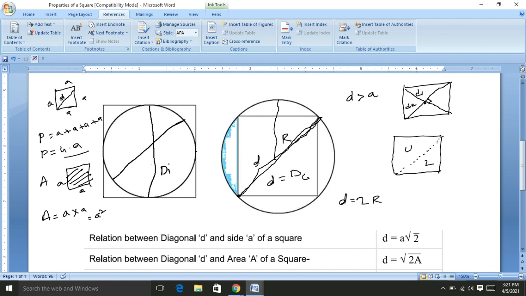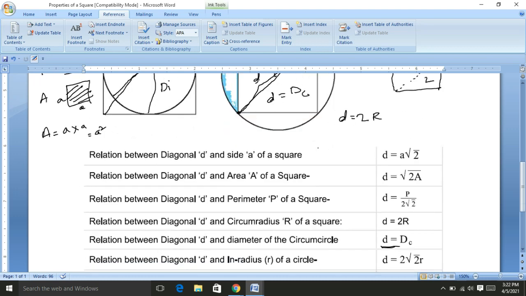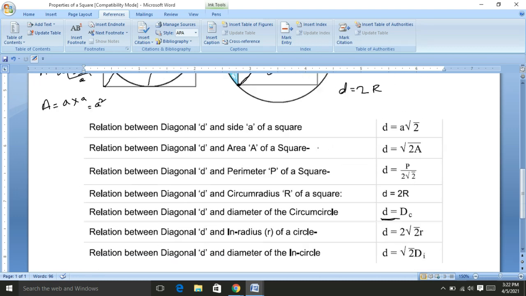Suppose this is the diagonal of the square, this is the diagonal of the square. So this is d equal to root 2 di, and that means I means incircle, to represent the incircle, right? Root 2 di. When we know the diagonal, then the diameter of the incircle equal to root 2 di.